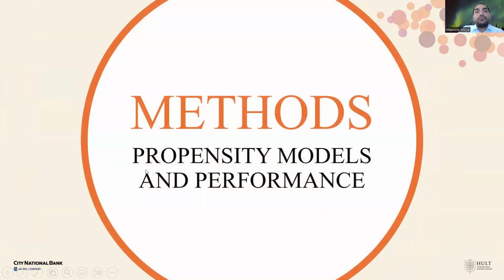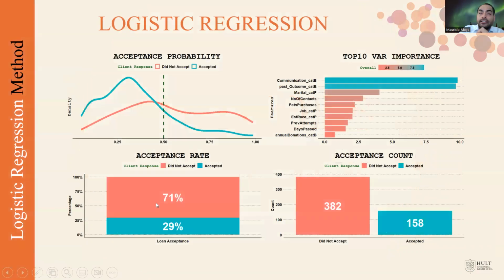Regarding the methods that we use, we used 3 methods: the logistic regression, the random forest, and the decision tree. These are the results of the methods we used. In the top left, we can see the probabilities of rejection or acceptance.